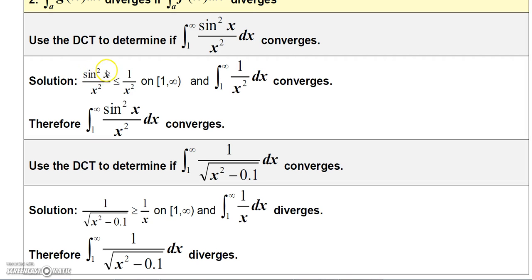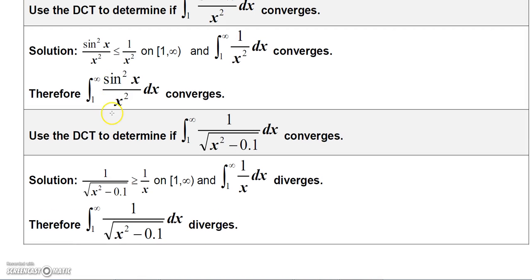So sine squared of x over x squared is always less than or equal to 1 over x squared on the interval from 1 to infinity. And you can easily show that this integral converges, and since this function is less than or equal to that one, this integral must converge.